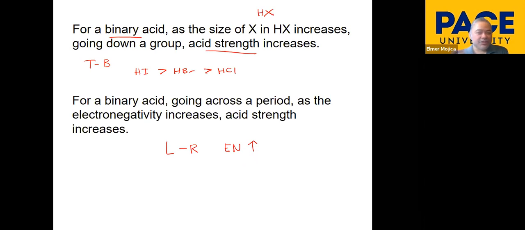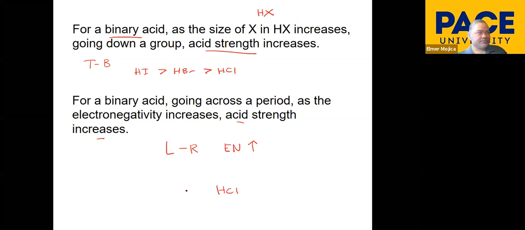You can only apply electronegativity when you're comparing atoms from left to right, because if you're comparing atoms from top to bottom, the size is the more important factor. So you look at it in terms of electronegativity, and it says there that acid strength increases. What's the one beside HCl?